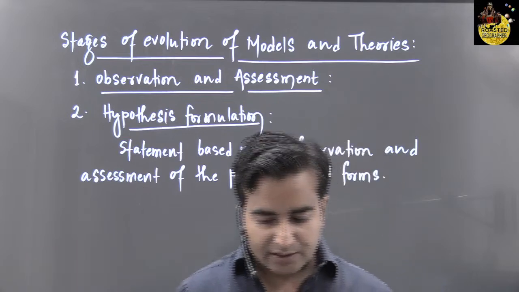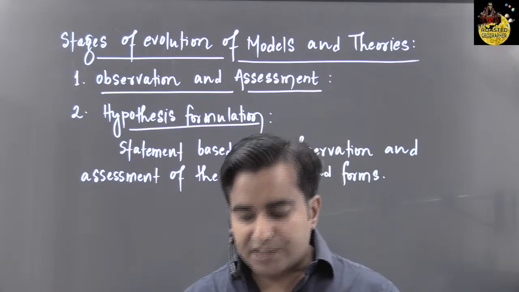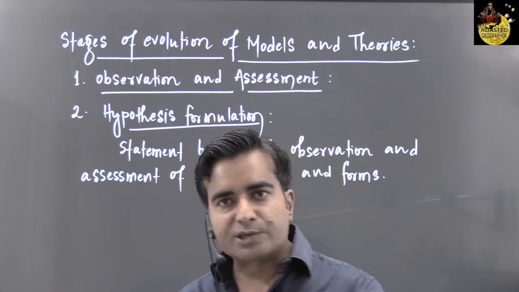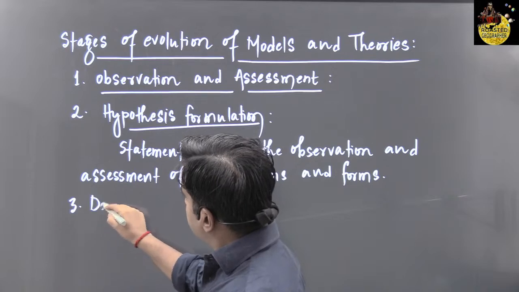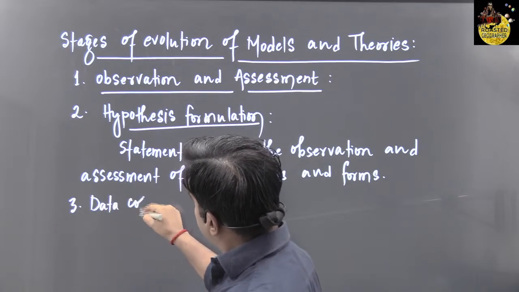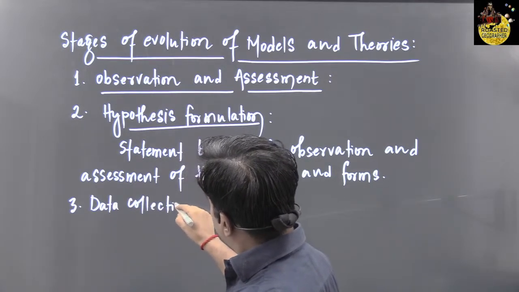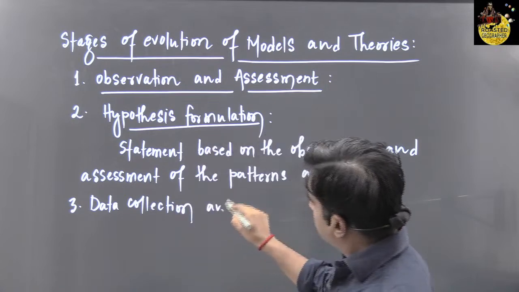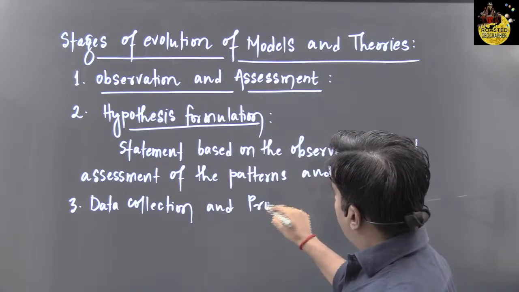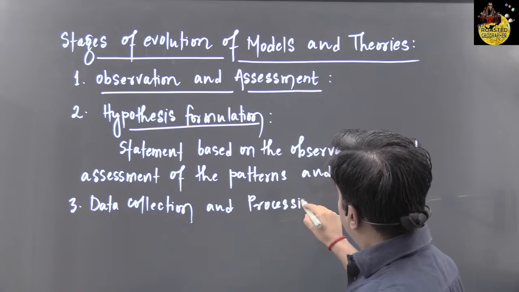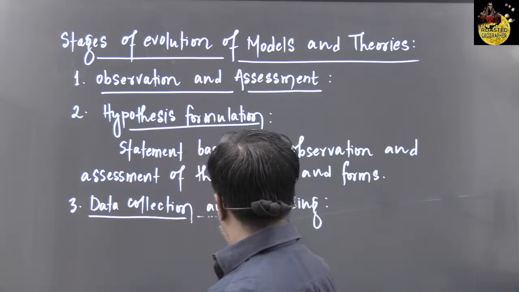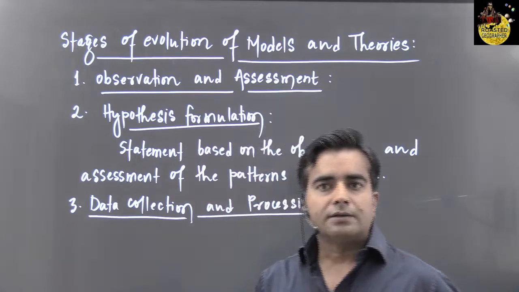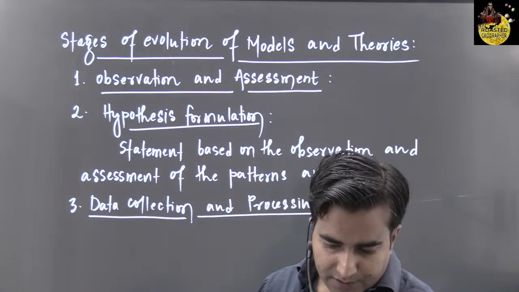It means that the third stage is the collection of the data and processing of the data. So you'll be involved with data collection and processing. Okay. This is the third stage.